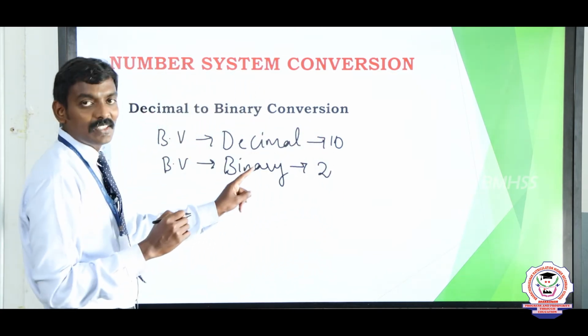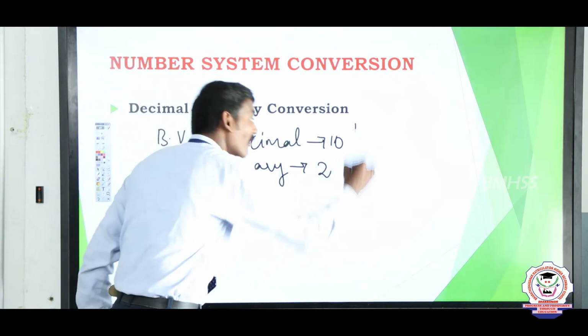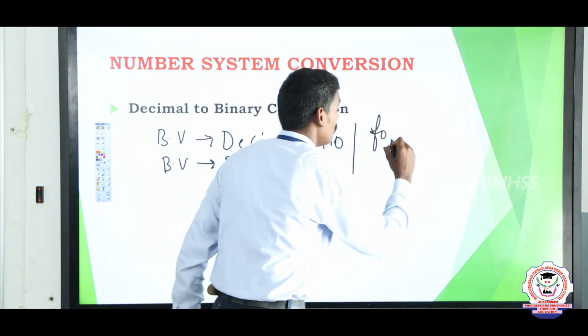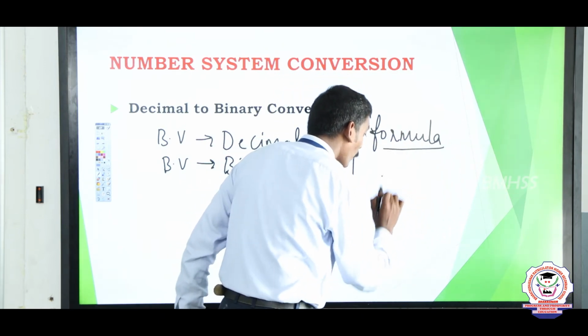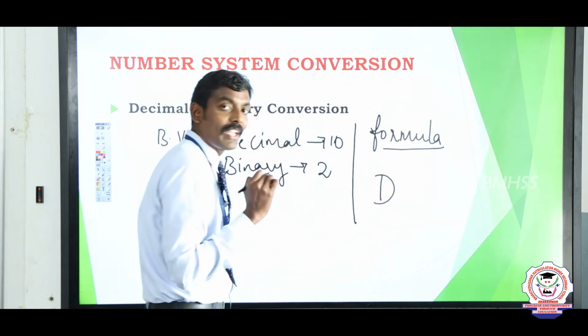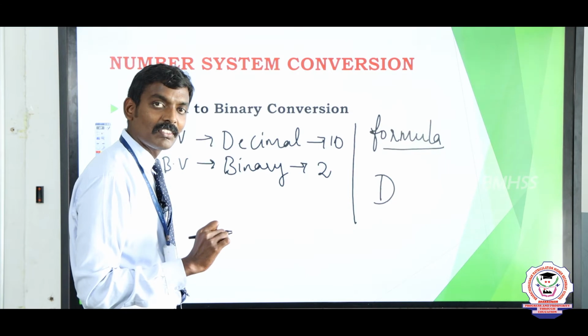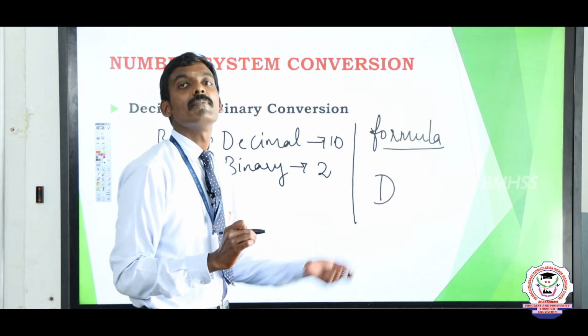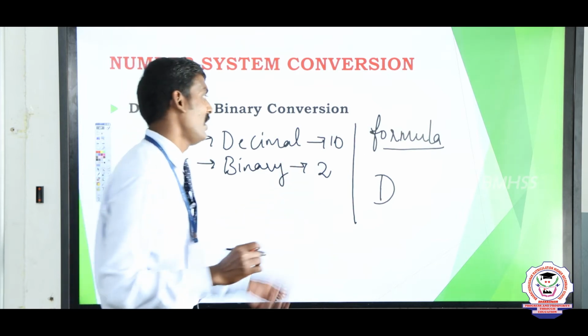How can we convert a decimal number to binary? We have a formula. The given number is in decimal. How can you identify the decimal number system? Very simple, with the help of the base value. The other name of base value is radix value.